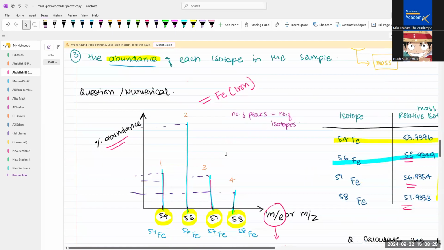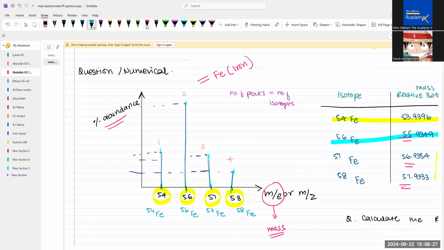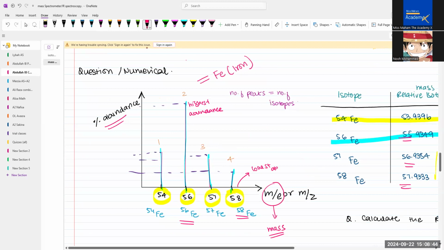How can we know the abundance? Through the y-axis. So here we can easily say that iron 56 has the highest abundance. And the lowest abundance is of iron 58, because the y-axis is showing you percentage abundance, right?